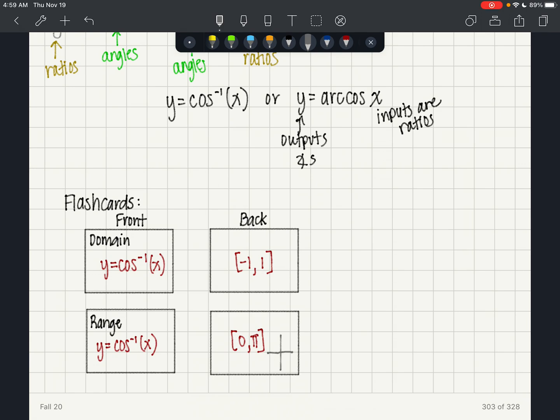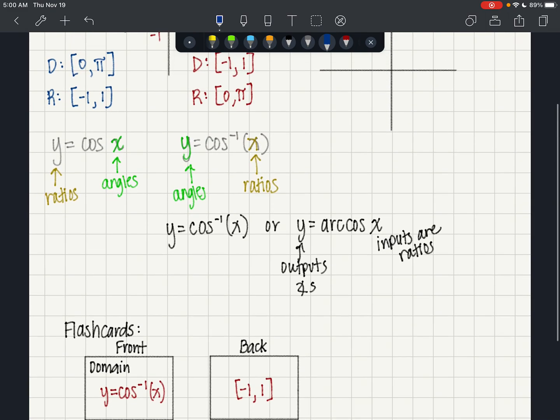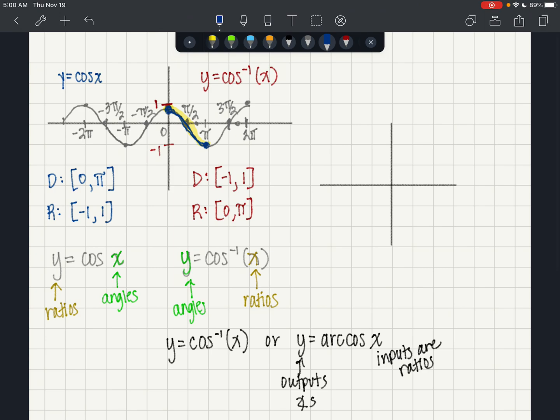Now with that 0 to pi, I would also draw a picture. I would draw a partial unit circle, 0 to pi. The reason, or where that comes from, is that we limited our domain from 0 to pi. So if you look back here at the graph, our domain starts at 0 and ends at pi.